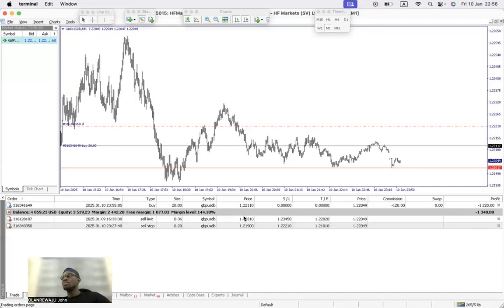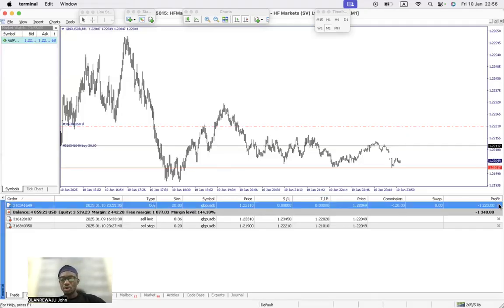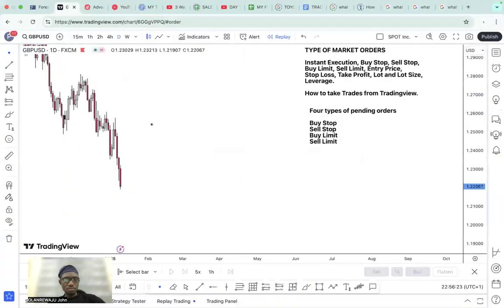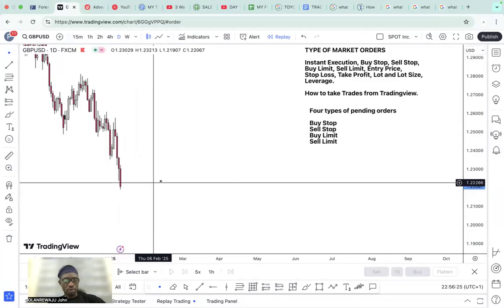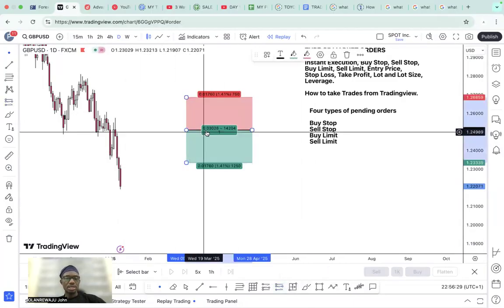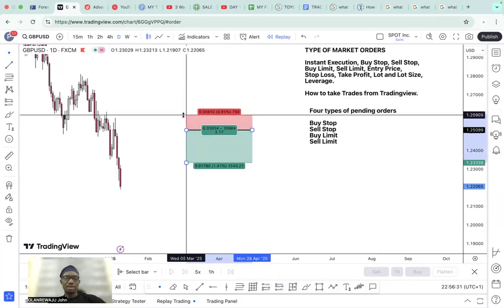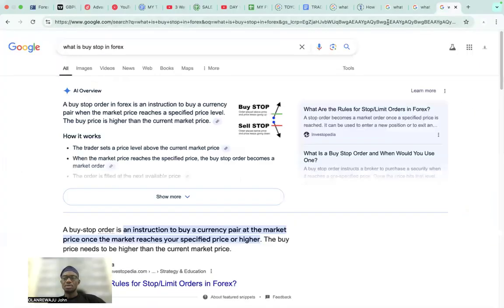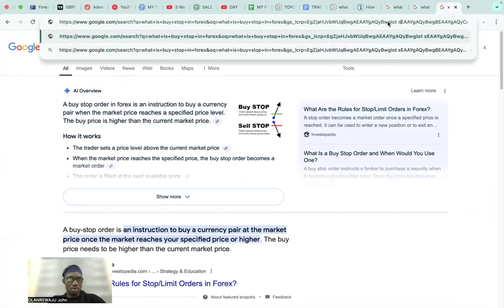So you want to use a moderate leverage for your accounts. And when you are taking a trade, having done your analysis properly and you know where you want your stop loss and take profit to be, what you want to do is, in fact, let's check if we can find a lot size calculator.